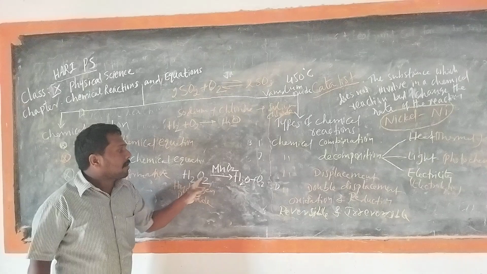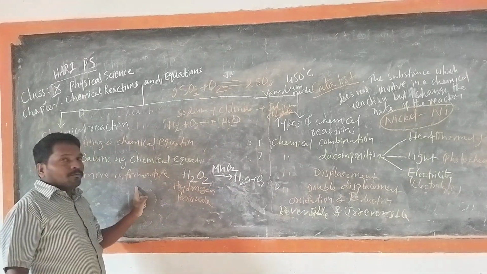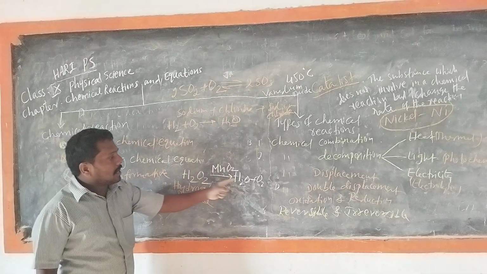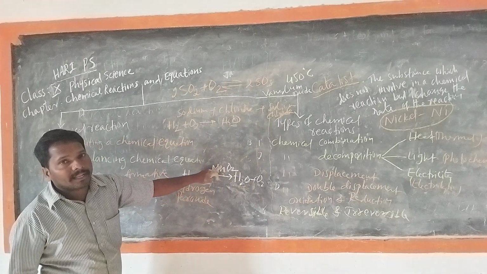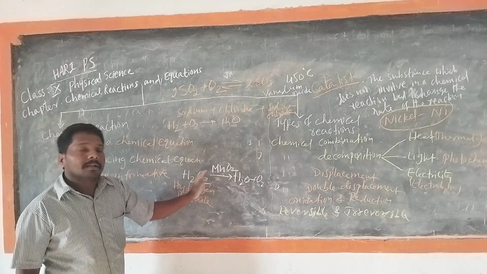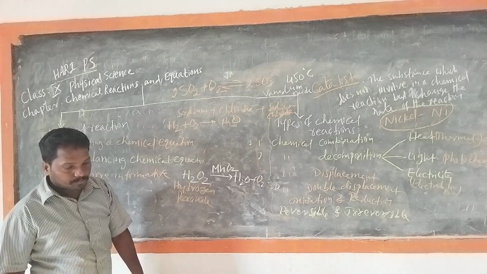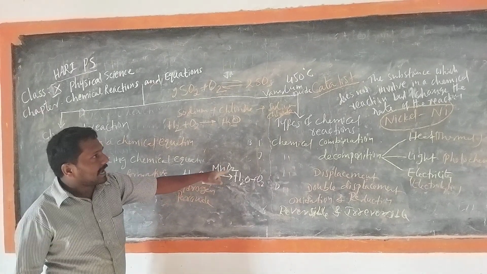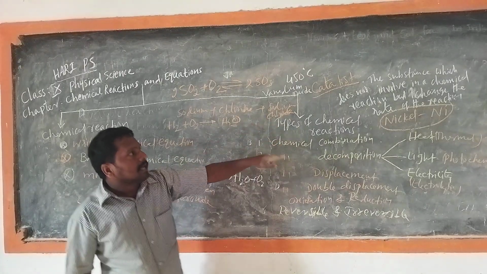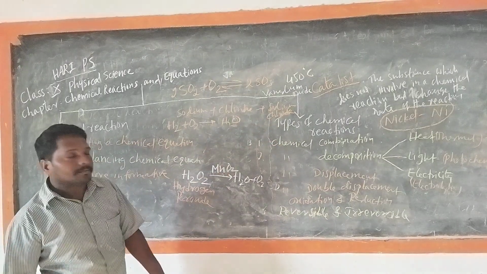It is not involved on the reactant side or the product side. It doesn't take part in the reaction, but changes the rate of reaction. So MnO2 acts as a catalyst. Catalyst is a substance which doesn't involve in reaction.